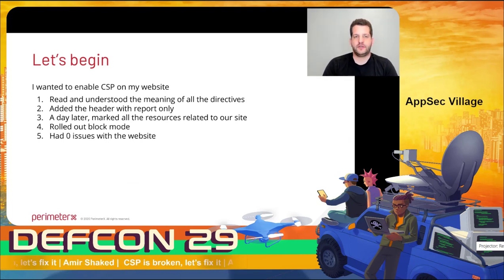We'll start with a story. The story of I wanted to enable CSP on my own website. I went on and I read and understood the meaning of all the directives and all the different options and configurations that exist. The documentation was pretty straightforward. I added the CSP header with the report only option to see all the potential traffic coming out of my website.